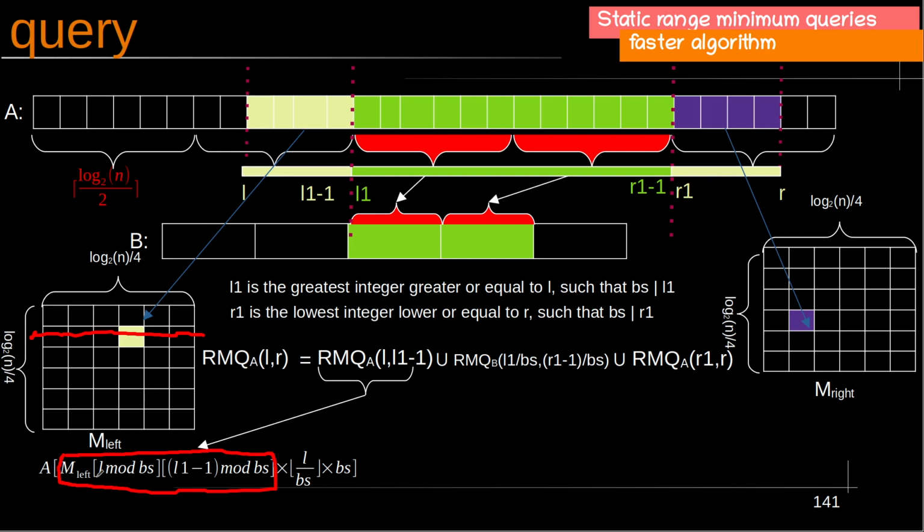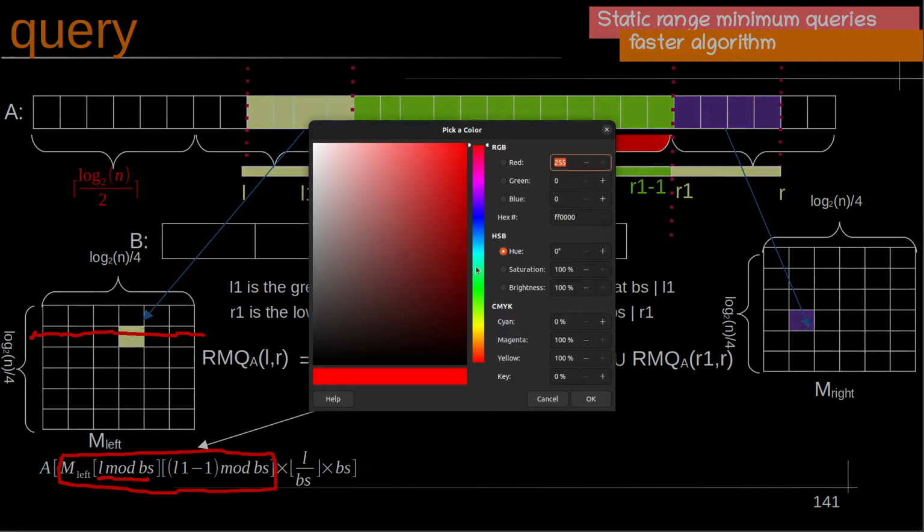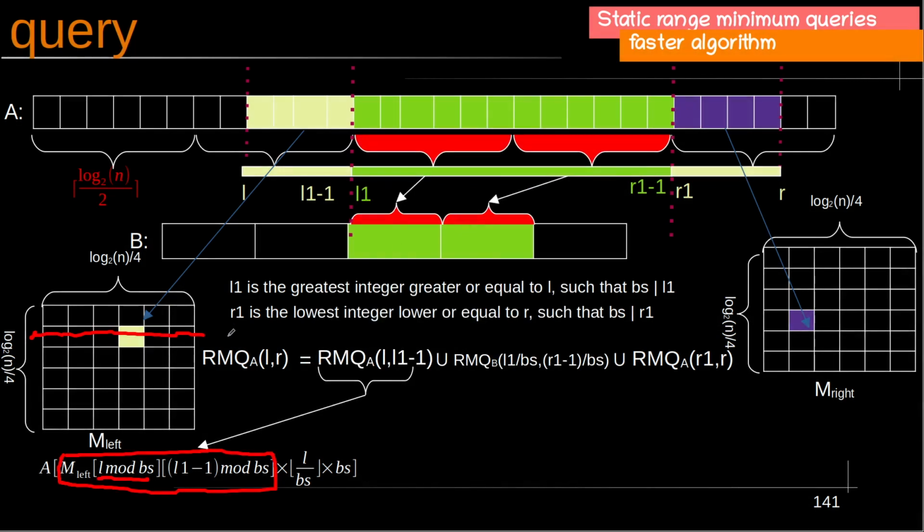This is L modulo BS. And L1 minus 1 mod BS will give me the column. Okay? So I have this position.